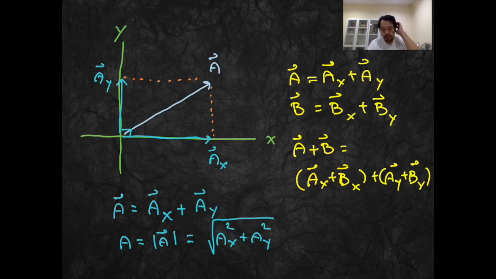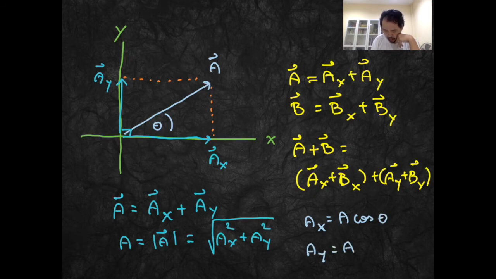theta. Okay, and when we go to this definition of the component along two perpendicular axes, we can also say that if this angle is theta, we will have that AX is equal to A cos theta and AY is equal to A sin theta.